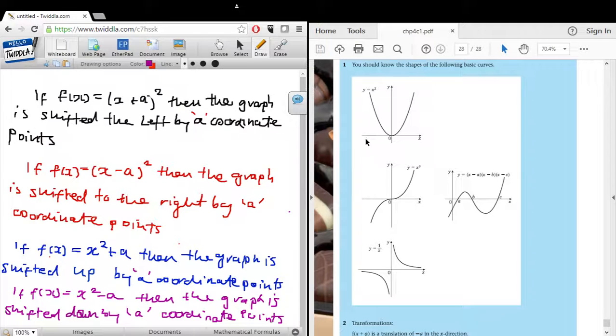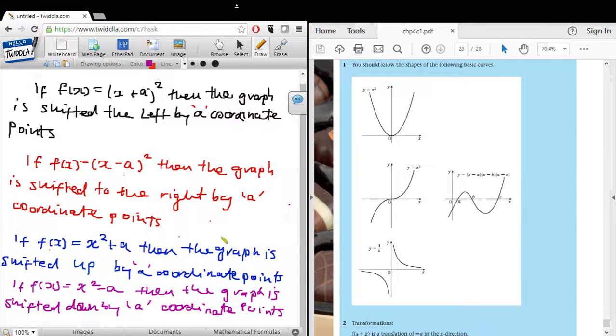If f(x) equals this, then x minus a, once again say a is 3, then this would be shifted to the right by a coordinate points. Now if f(x) equals x squared plus a, then this would be shifted upwards.